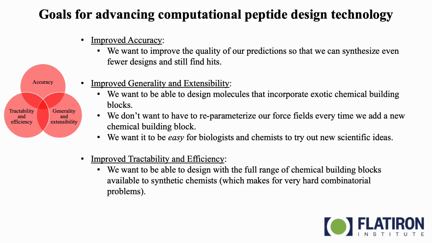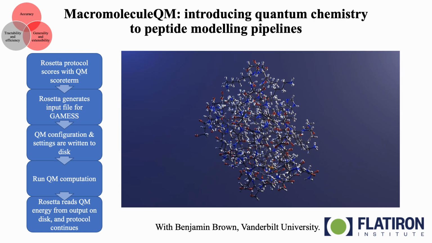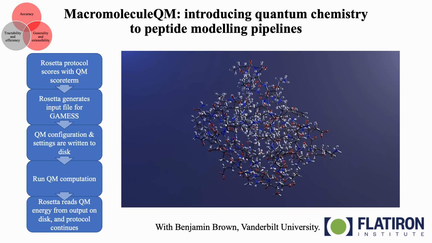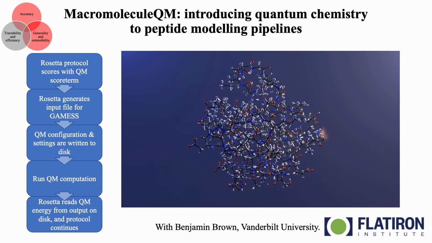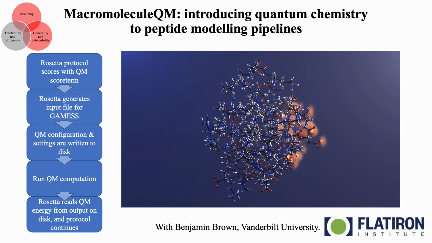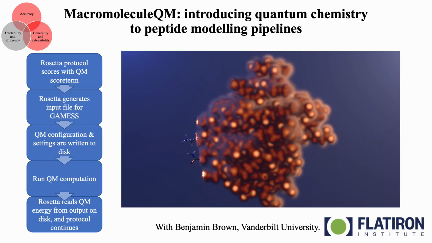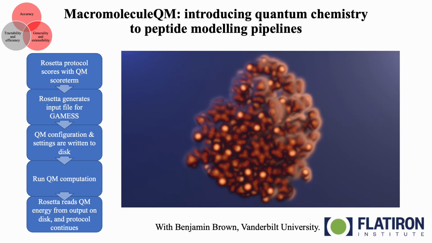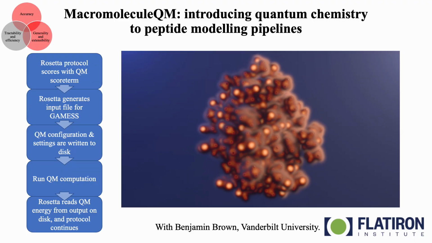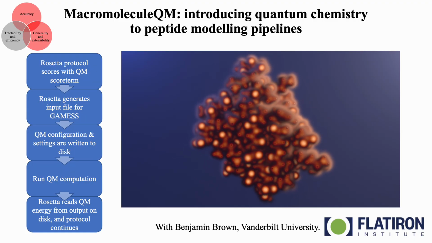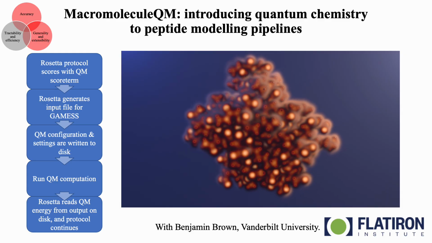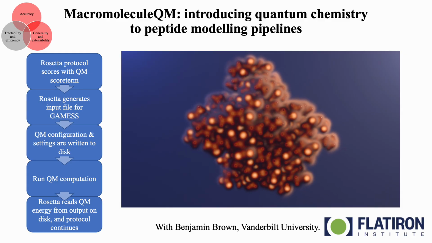So one of the ways we're doing this is with the new approach that we've developed called macromolecule QM. Proteins, as we usually model them, are little balls that exert forces on one another, and we make this Newtonian approximation. But a better model of a protein or a peptide is that it's a bunch of atomic nuclei surrounded by a cloud of electrons, where the electrons are described by the Schrödinger equation.